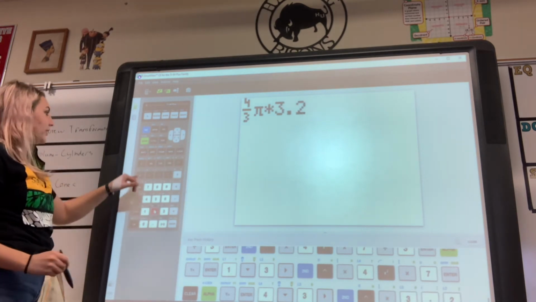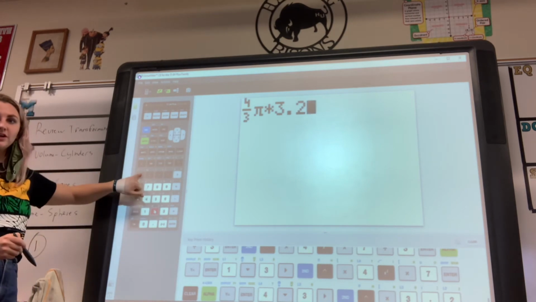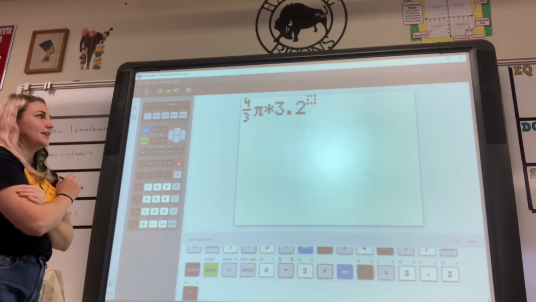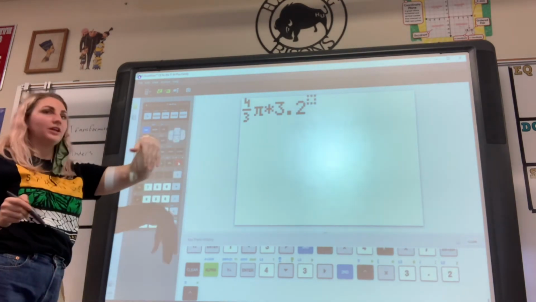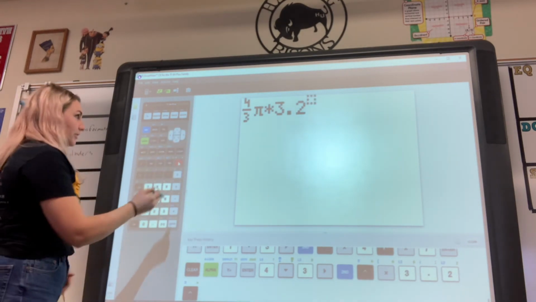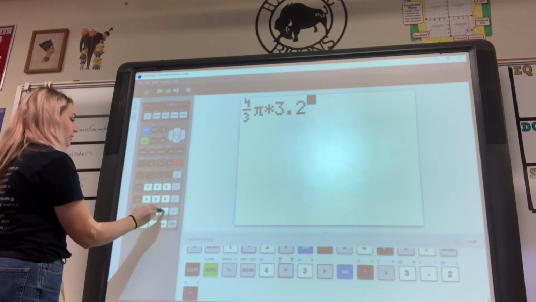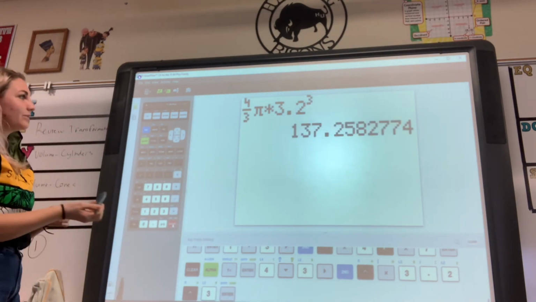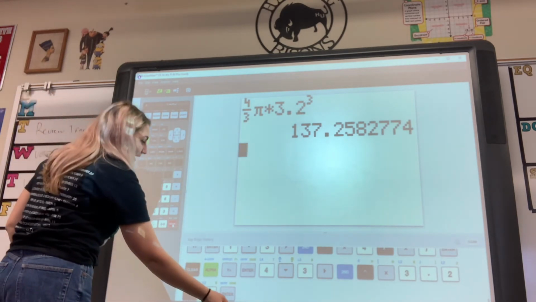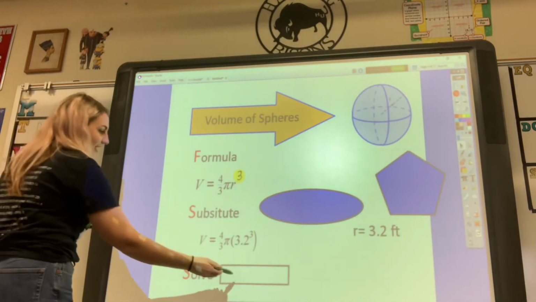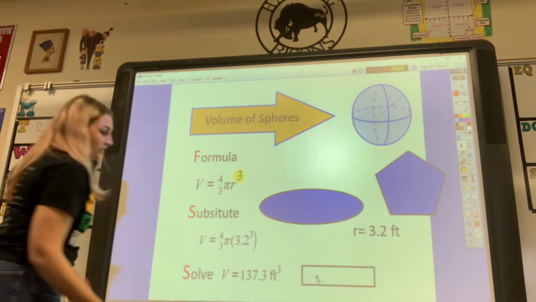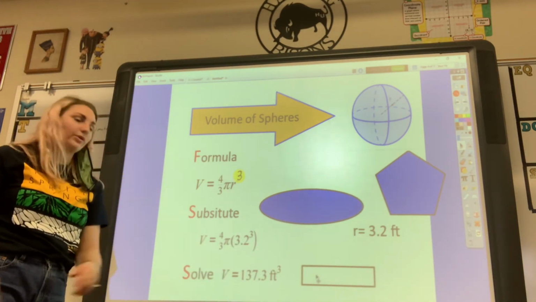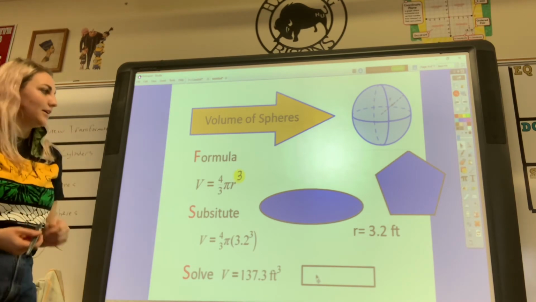Up to this point, we've been able to use our squared button, but now we're going to have to use our caret, which will allow us to put in any exponent. So 3.2 to the third power, and you push enter, and you'll get 137.26. And so let's check to make sure we're correct. 137.26, to the tenth, we would have 137.3 feet cubed. All right.